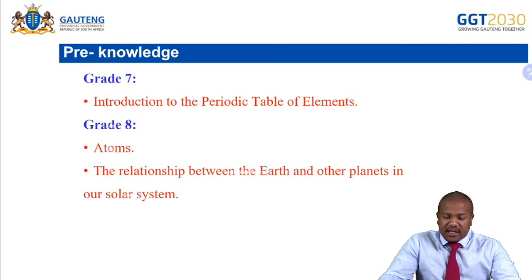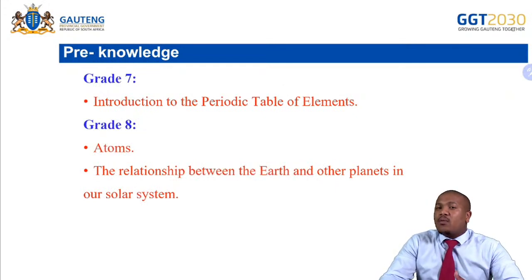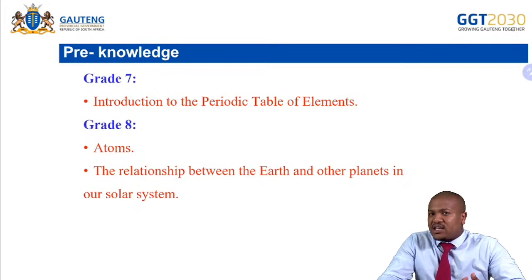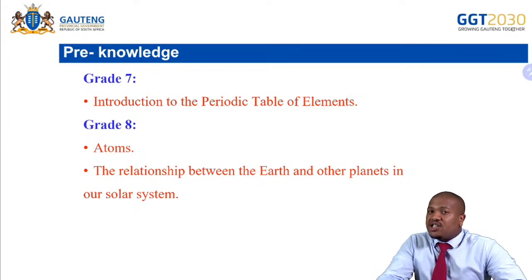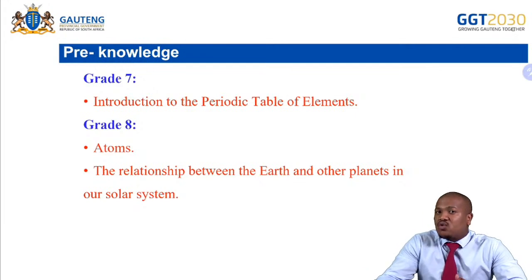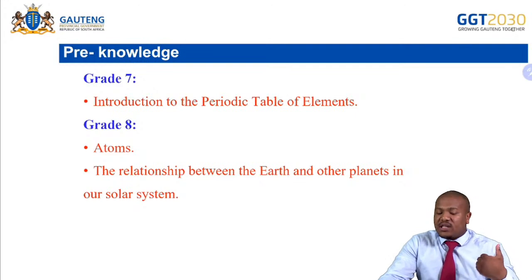Then later in grade 8, we discussed atoms. We said that atoms are the building blocks of matter, and atoms are made up of subatomic particles such as protons, which are positively charged, electrons, which are negatively charged, and neutrons, which are neutrally charged. We also talked about the relationship between the Earth and other planets in our solar system.